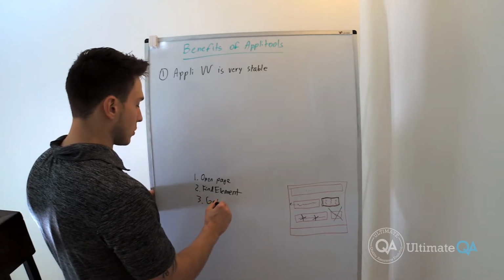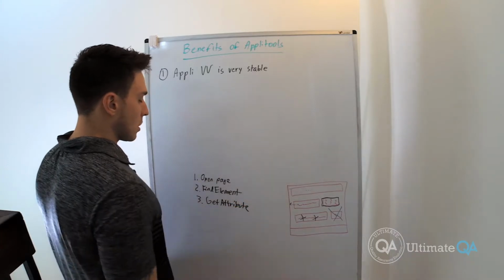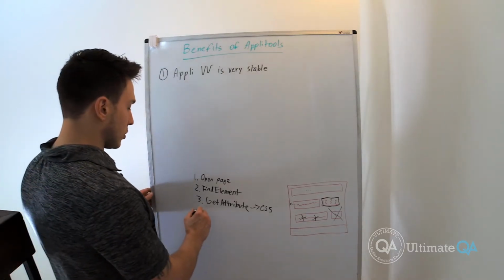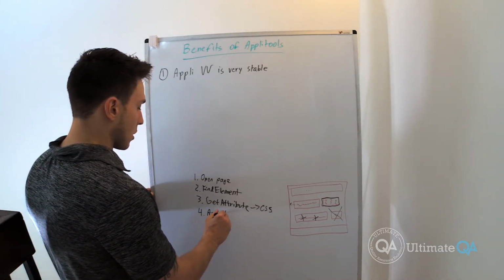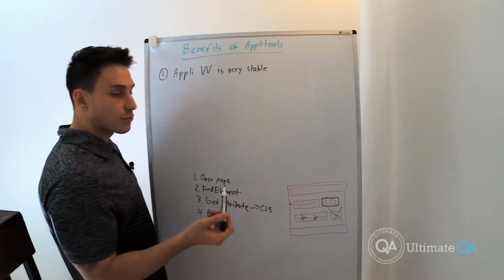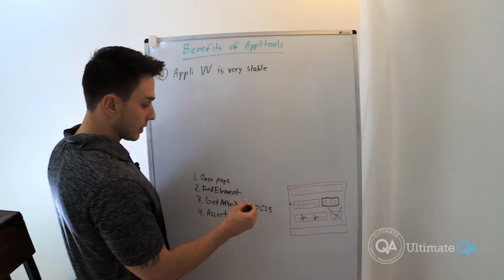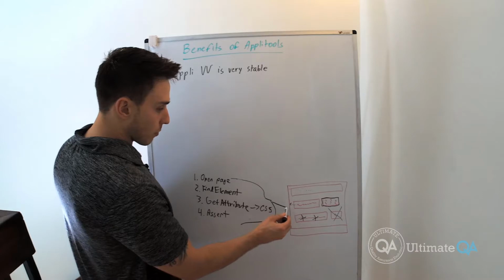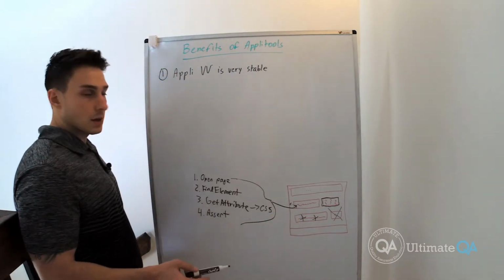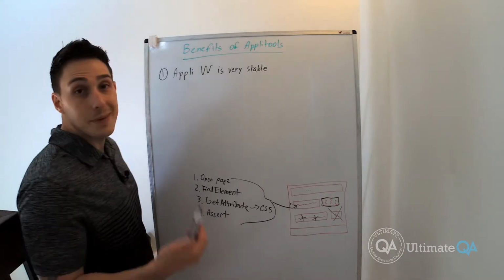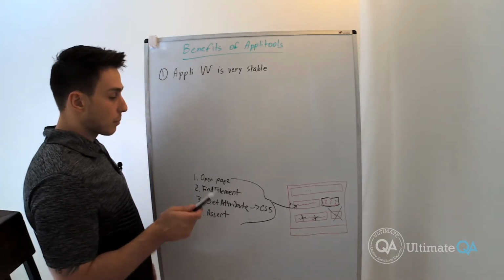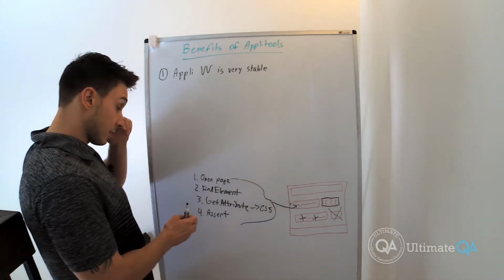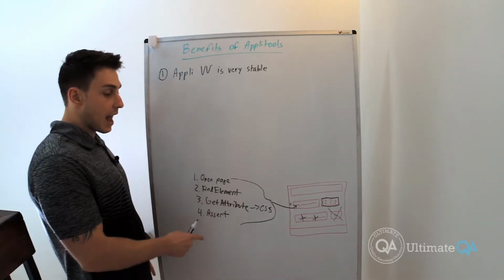You know, you could get attribute, and then maybe it's CSS, and then you can assert on that style, and maybe that is referring to like the font of this item right here. So this test is for maybe the font of this item, and you can assert that it matches what is expected. But the problem with that is it's so extensive and it will require so many automated tests in order to make all of this happen.